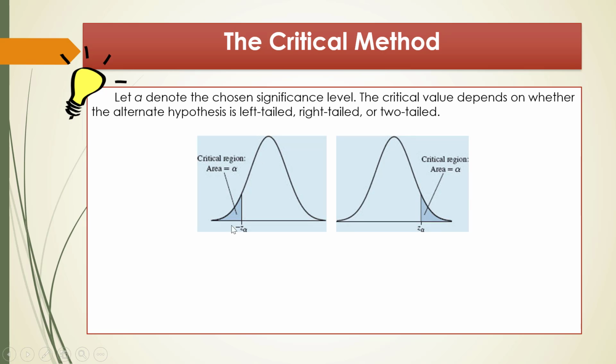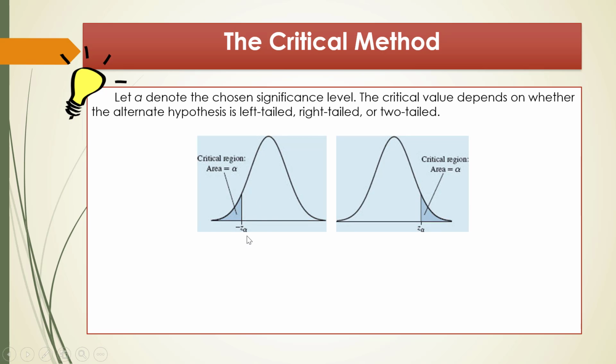So for left tail, we are working with the standard normal distribution. Basically, to define whether the test statistic is unusual or not, we need a critical value to separate the region of unusual values and the region of usual values.